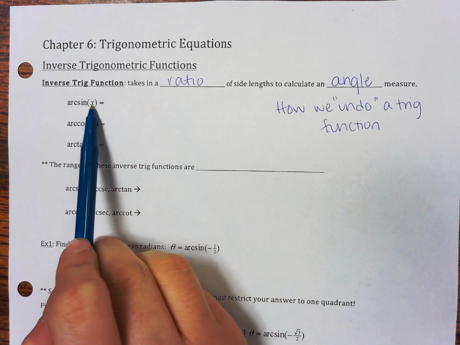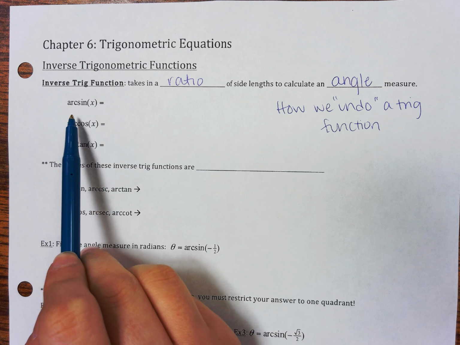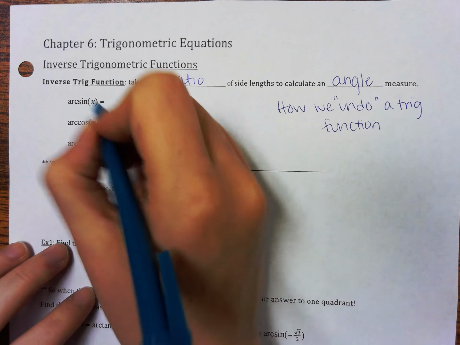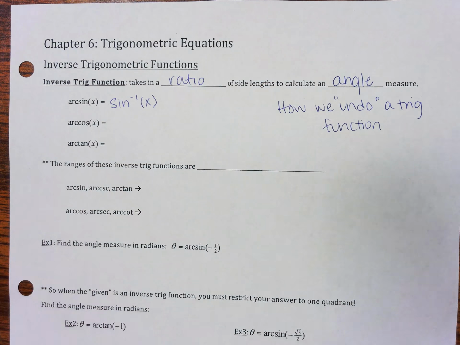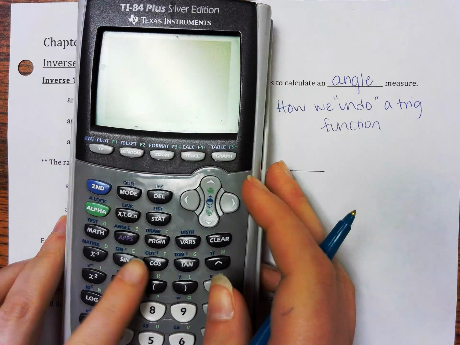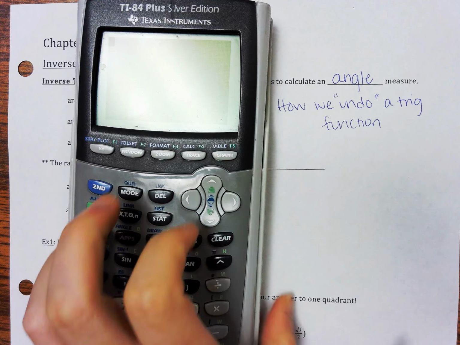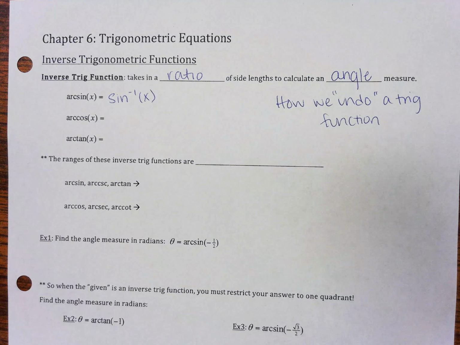So if we're trying to find x, we want to take the arcsine or the sine inverse. This is what we were more familiar with before, writing it as the sine inverse of x, which you can see on your calculator. On mine, I have sine inverse, cosine inverse, and tangent inverse. We used this before to get at our angle.